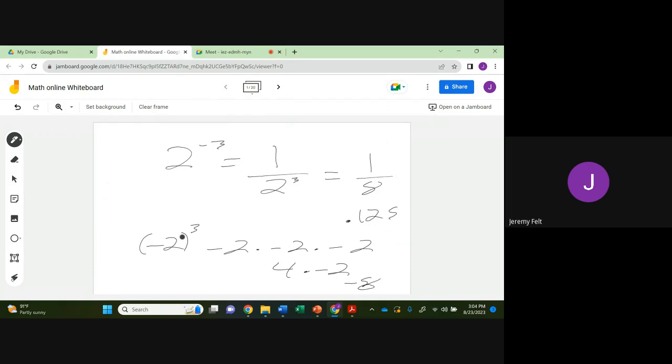But when it's an odd number, -2 times -2 times -2 equals -8. So it kind of depends on what that exponent is. If it's even, we're going to have a positive number if we have a negative base. If it's an odd exponent and we have a negative base, then it's going to be a negative answer. So just be aware of that: negative times negative is a positive, and positive times a negative is a negative.